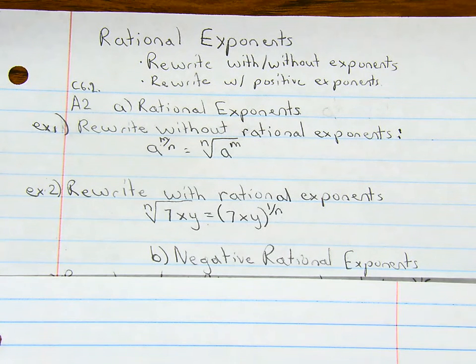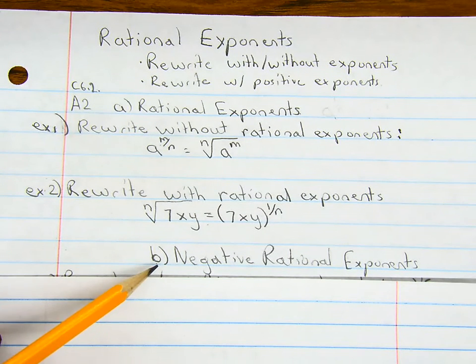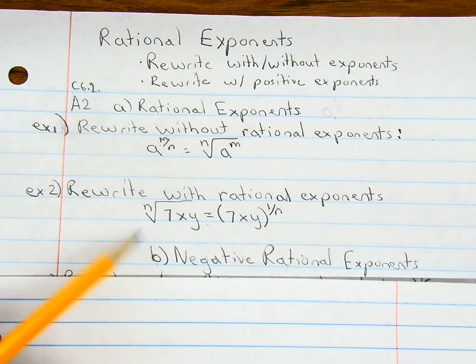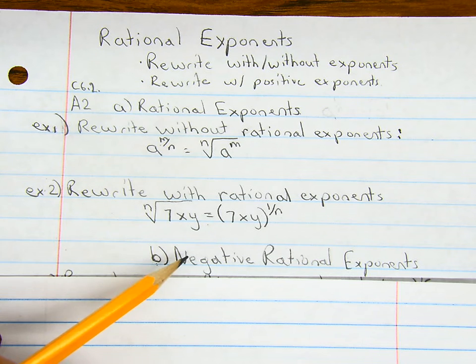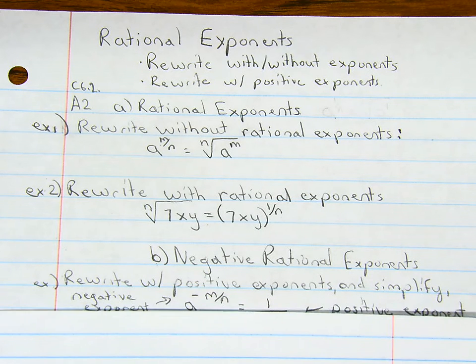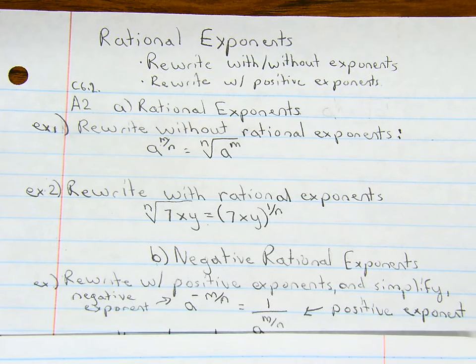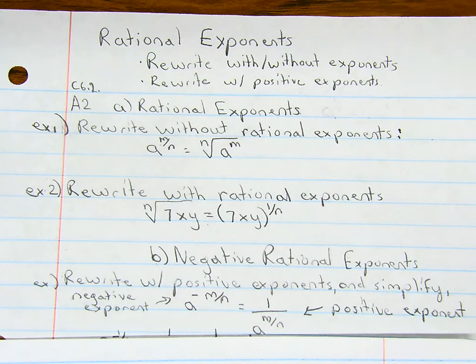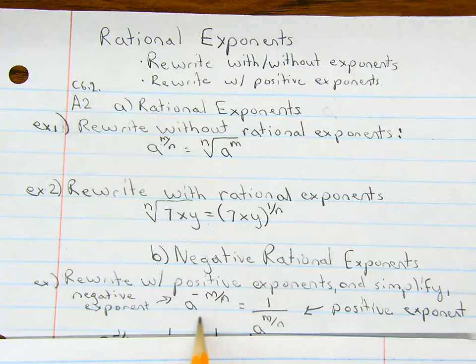So the next component that we want to look at is our negative rational exponents. We've seen some of these things like this, but what happens if our exponent is negative? What does that mean and how do we work with it? So the directions would say something like this: rewrite with a positive exponent and simplify if possible. When you're given a negative exponent, what they basically mean is they want you to write it in this format here.